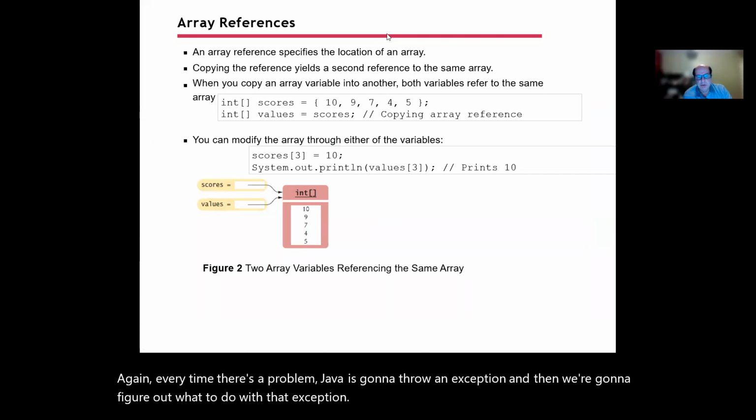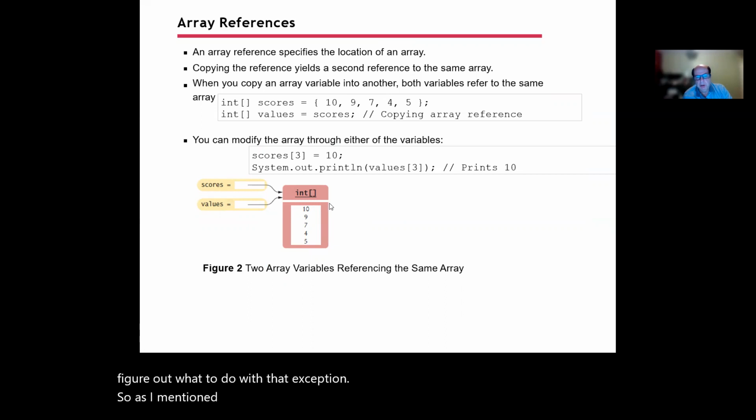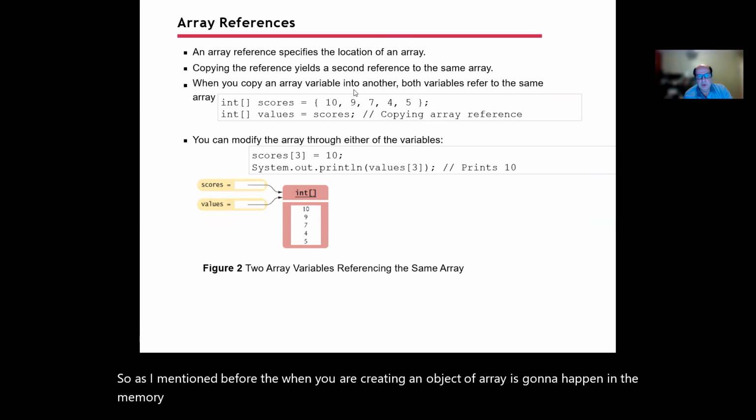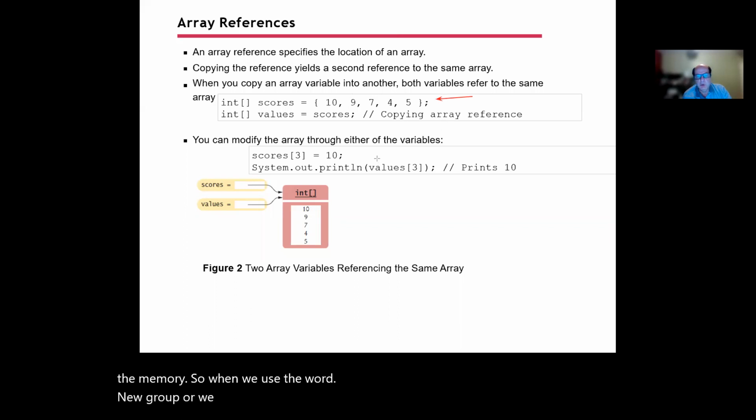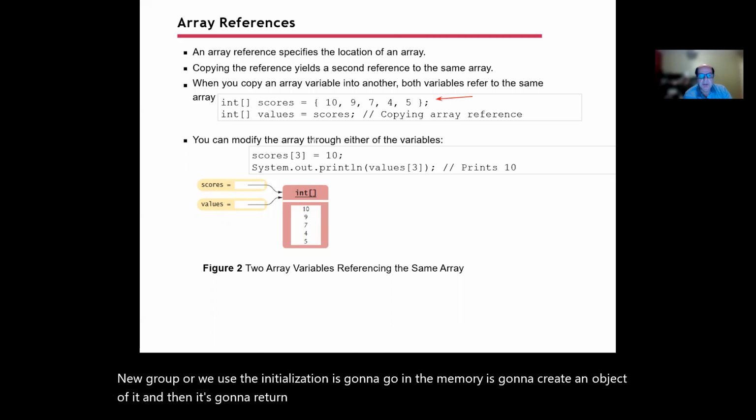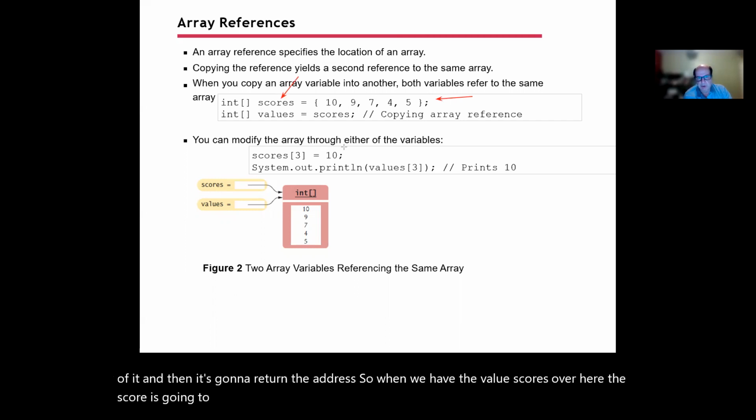So, as I mentioned before, when you are creating an object of an array, it's going to happen in the memory. When we use the word new, or we use the initialization, it's going to go in the memory, create an object of it, and then return the address. So the scores variable is going to contain the address of the object in the memory.